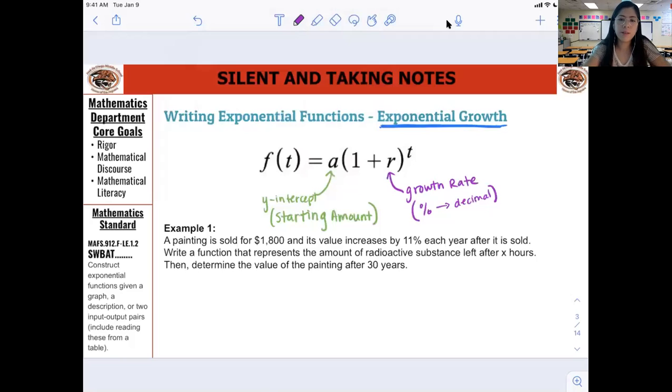So the growth rate is the percentage turned into a decimal. And now we don't really use x anymore. We're going to start using t because usually with these problems, we're talking about time. So our input value is always going to be time.